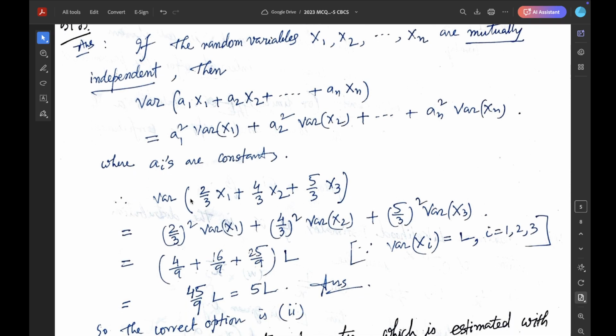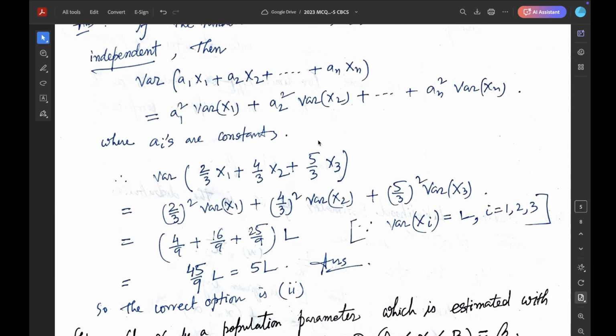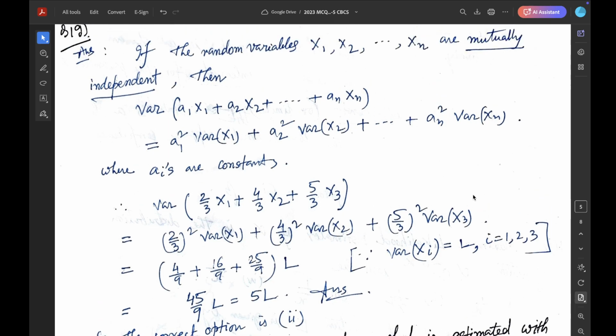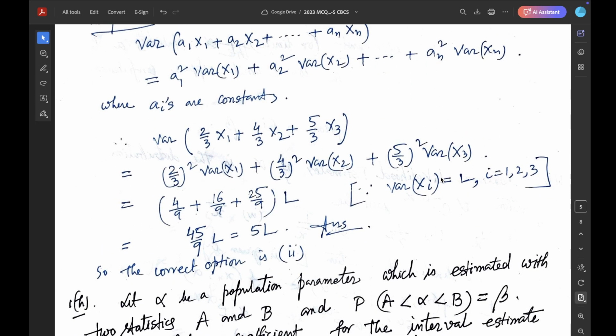Then the variance of the given variate 2 by 3 X1 plus 4 by 3 X2 plus 5 by 3 X3, we get (2 by 3) whole square variance of X1 plus (4 by 3) whole square variance of X2 plus (5 by 3) square variance of X3, because these X1, X2, X3 are mutually independent.